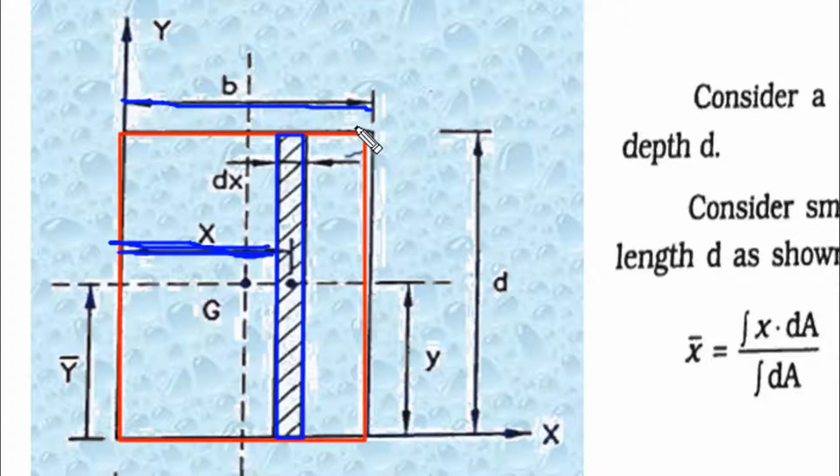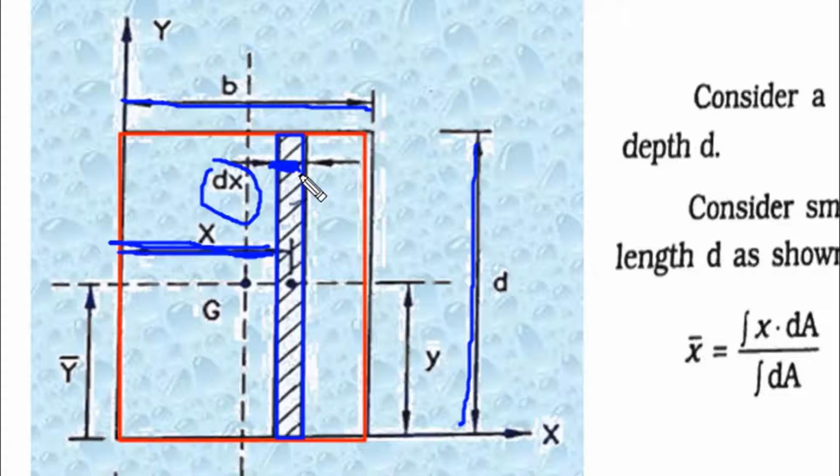What is this d? D means total vertical depth of the rectangle. And what is this dx? Dx means this horizontal width of the strip. So you must remember these symbols.